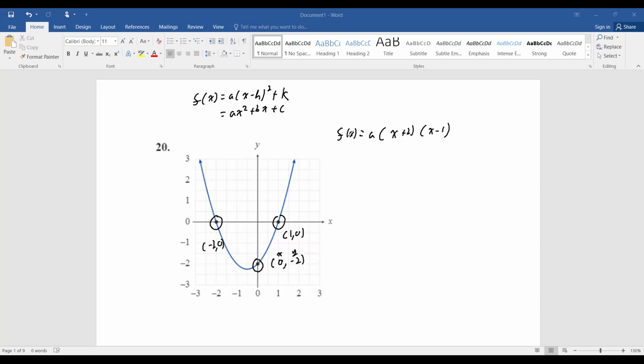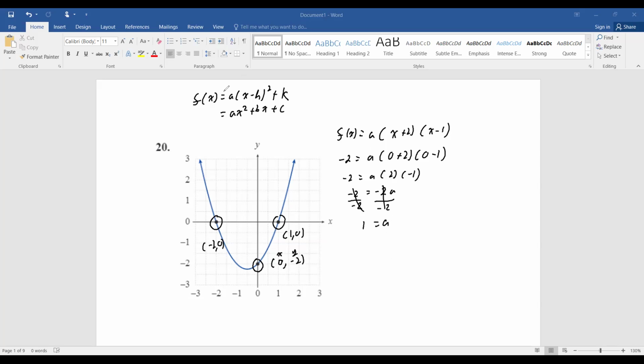So this right here becomes negative 2 equals a times 0 plus 2 times 0 minus 1. When we work this out, I get 2 times negative 1, which becomes negative 2a, and then I'll divide by negative 2. So come to find out, a equals 1.